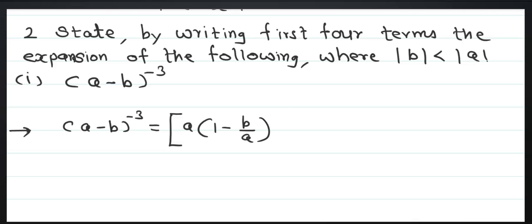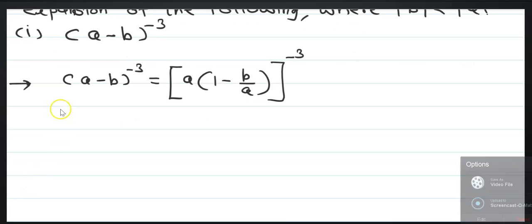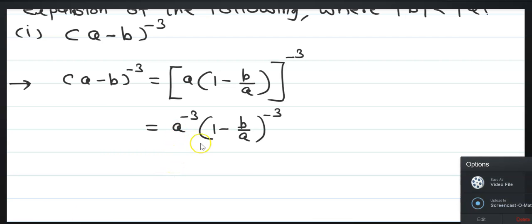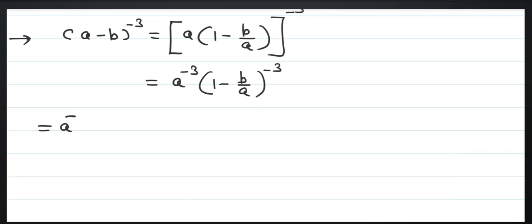Then in the bracket you will get 1 minus b upon a, raised to minus 3. Now here is a raised to minus 3 and (1 minus b upon a) raised to also minus 3. This is by using the law of indices. Now the next is, we'll expand this.